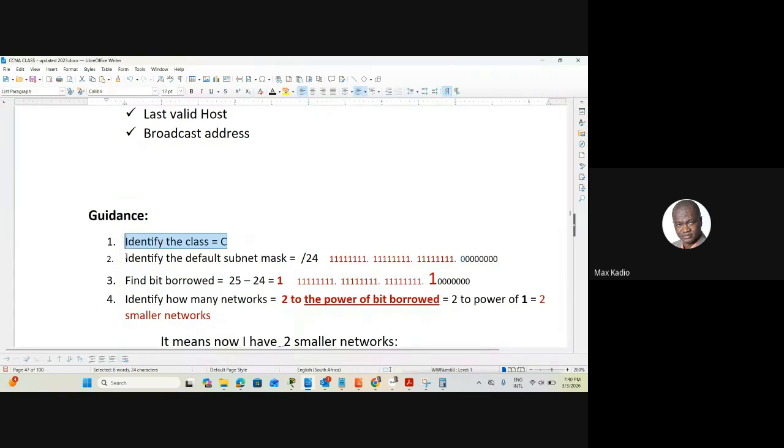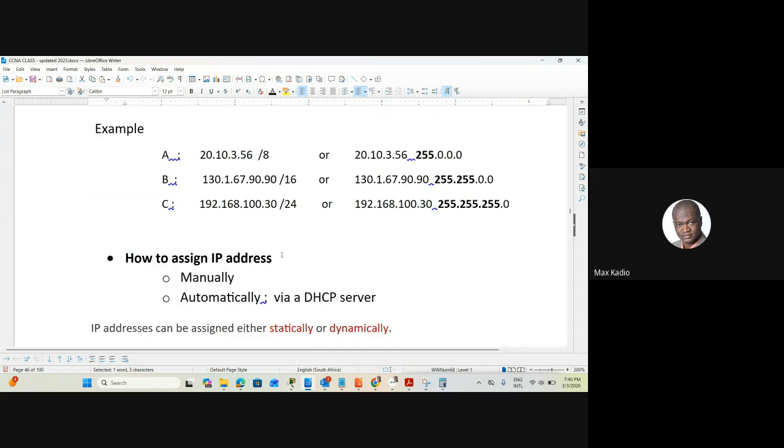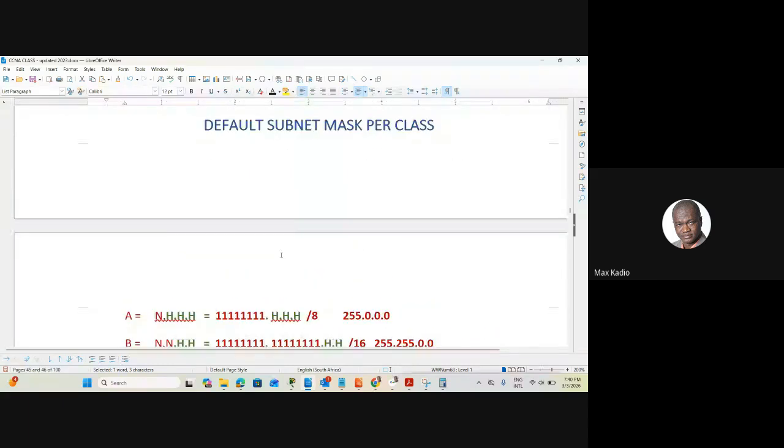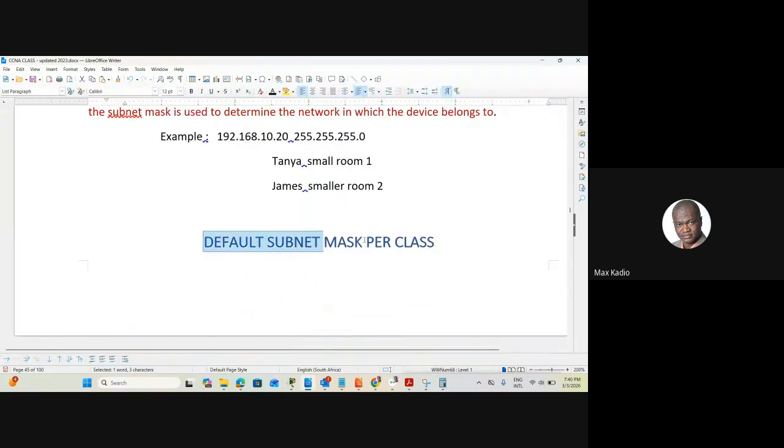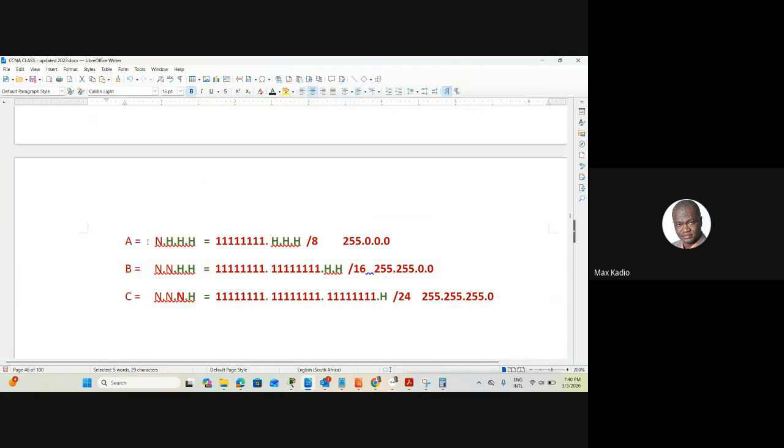Step number 2, identify the default subnet mask for class C. We say that for class C it is /24. That's why I say it's very important to know the default subnet mask. For class A it is /8, the very first block doesn't change. For class B, because 2 blocks don't change, /16. For class C it is /24.